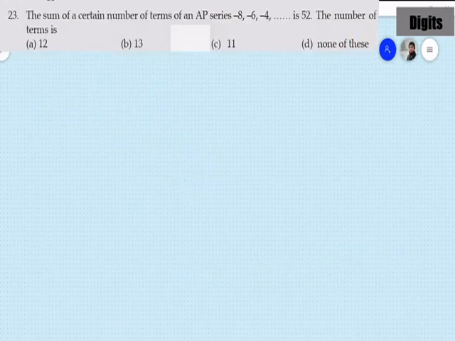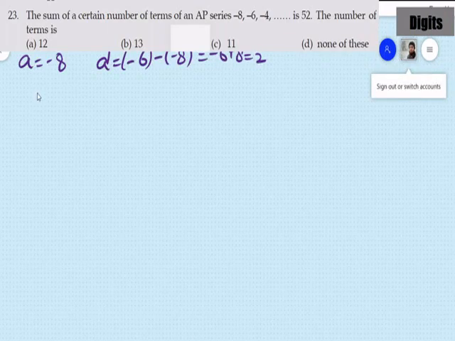Number 23. The sum of certain number of terms of an arithmetic progression series minus 8, minus 6, minus 4, and so on is 52. The number of terms is, here the sum is given to be 52.